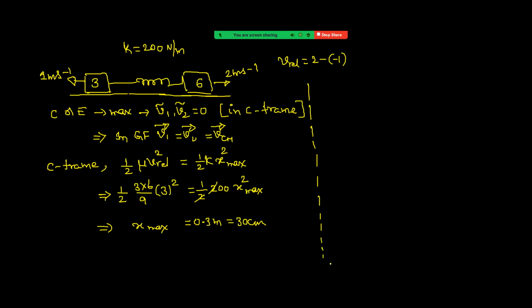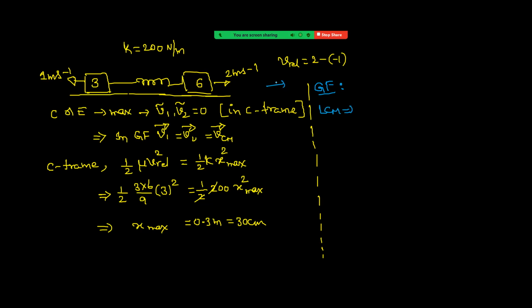Suppose we are not taking the center of mass frame. If we are taking the ground frame, then see how we solve. From the ground frame, first we write the momentum equation, LCM.